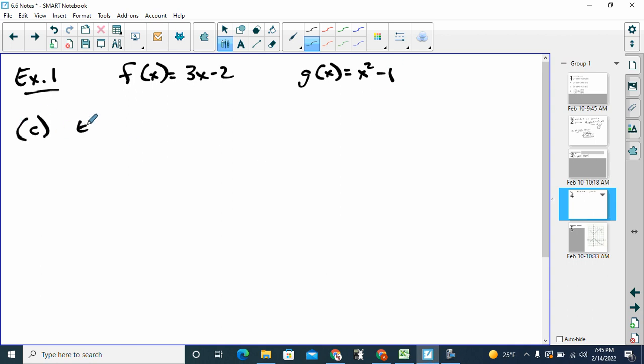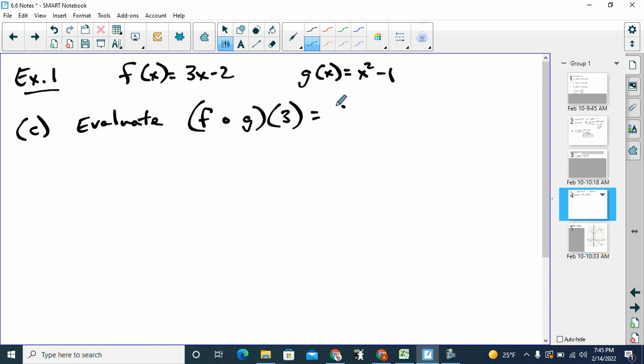Part C asks us to evaluate (f ∘ g)(3). First of all, open circle means function composition. If that's a closed circle, just that dot, that's multiplication. So this one is function composition.